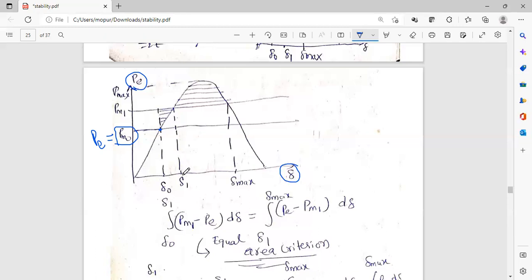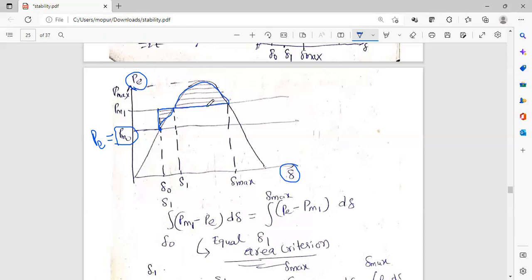Corresponding delta will also be more. The excess energy stored in the rotor during the initial acceleration, we are now seeing. Actually, we are equating the area in this with the area in this curve. That is the equal area criteria.